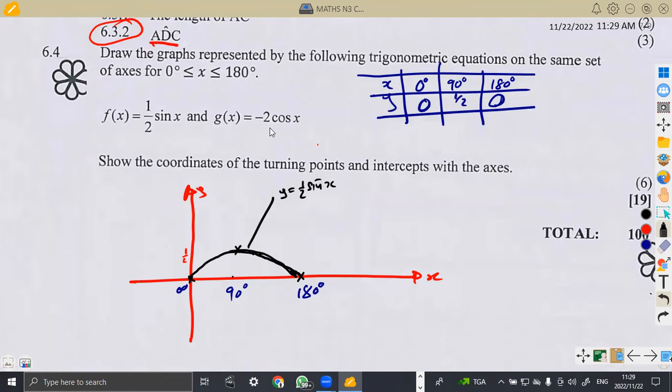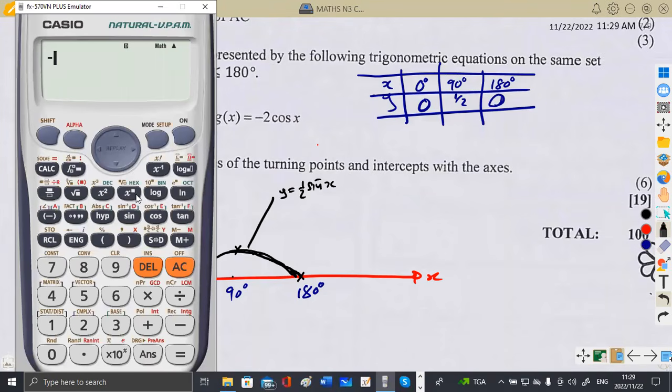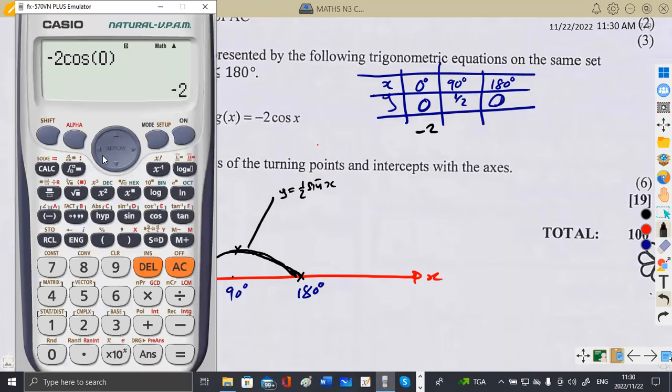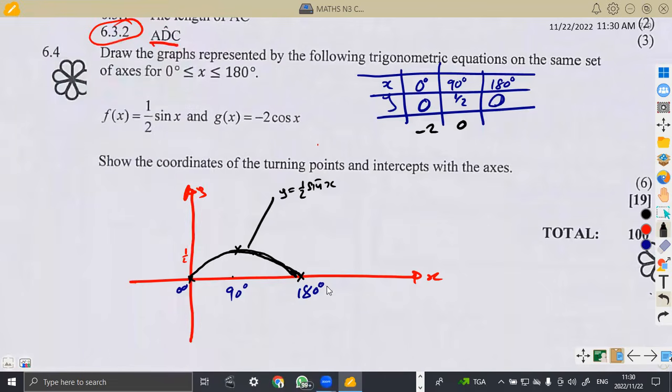The same thing on minus 2 cos x, we do the same, minus 2 cos 0 and so forth. So you just use your calculator, negative 2 cos 0, which is going to be negative 2. Negative 2 cos 90, we do the same here, that's a 90, which was going to give us a 0.